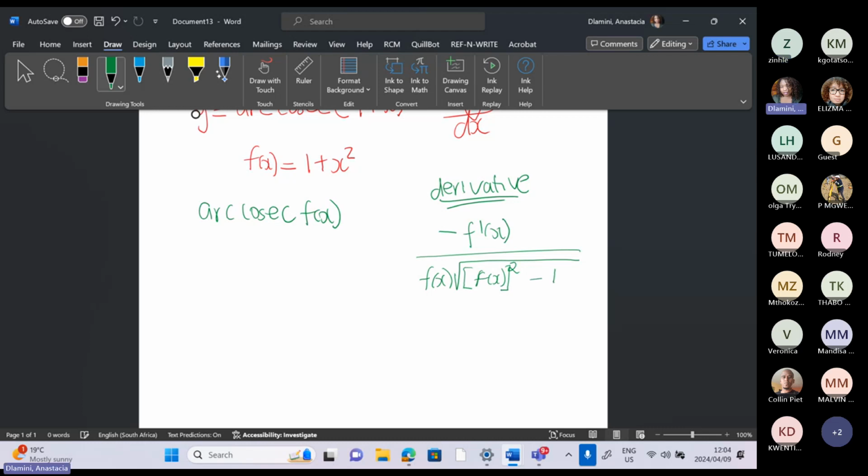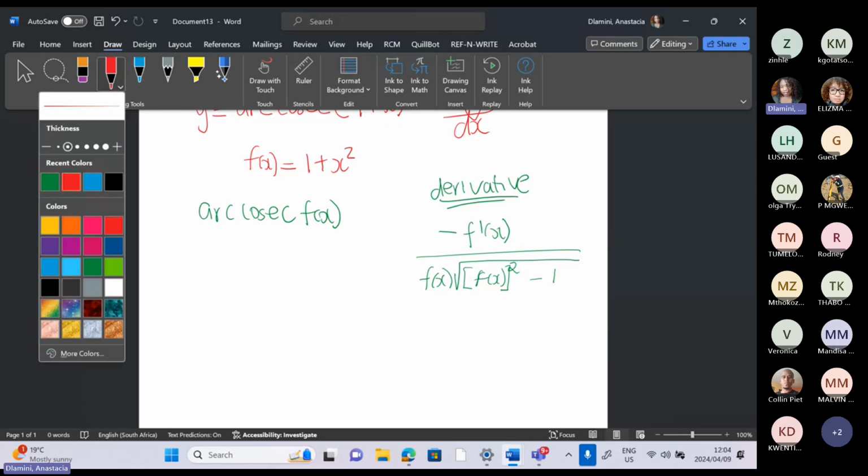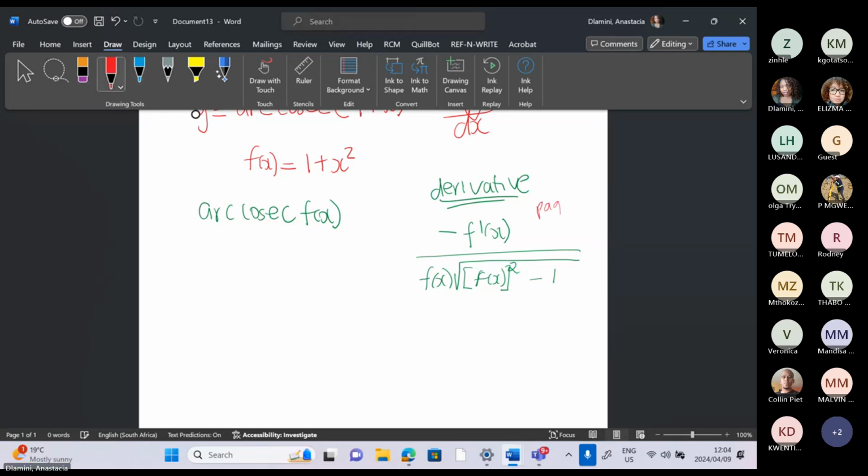Thank you. So this is something that is on page 42 of your study guide. All together. Guys, one tip, it's important that you understand the work, right? Because when you understand the work, then you can be able to tackle any question.